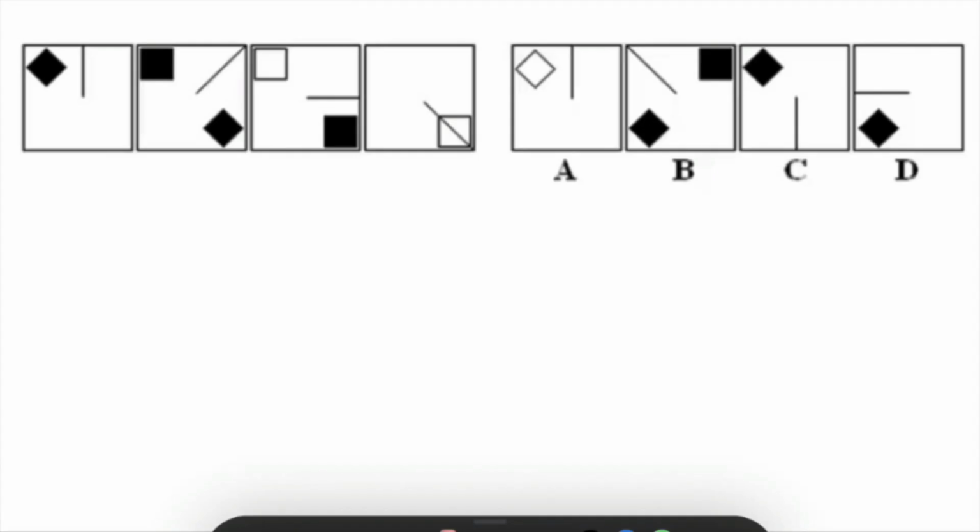In this slide, the question is: complete the series. The question means that I have a series of patterns, pattern 1, pattern 2, pattern 3, pattern 4, and they are in sequence.